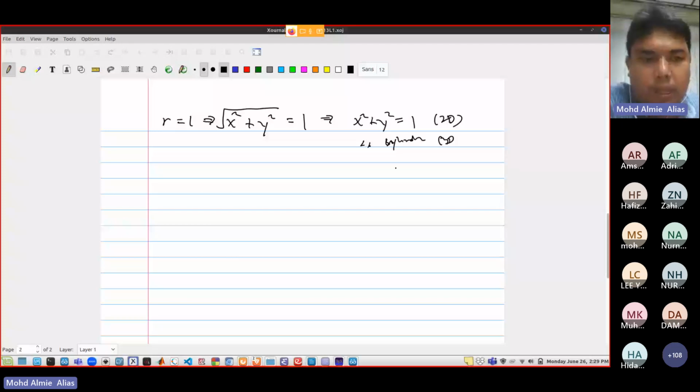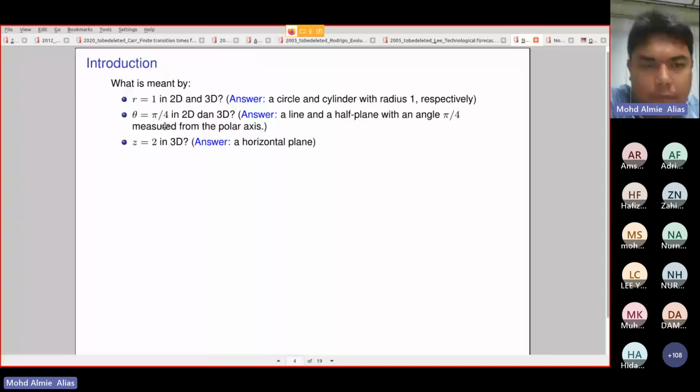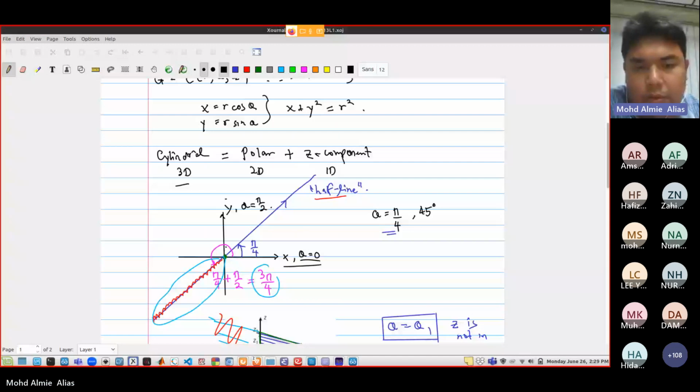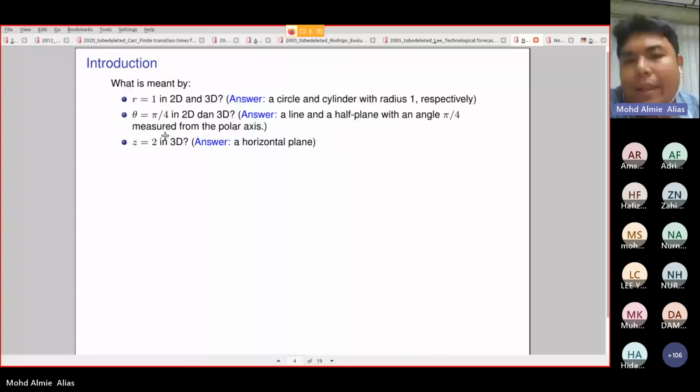And then theta equals pi over 4, as I said just now. In 2 dimensions, we have a half line that starts from the pole, and the angle is measured from the polar axis, or the x-axis.